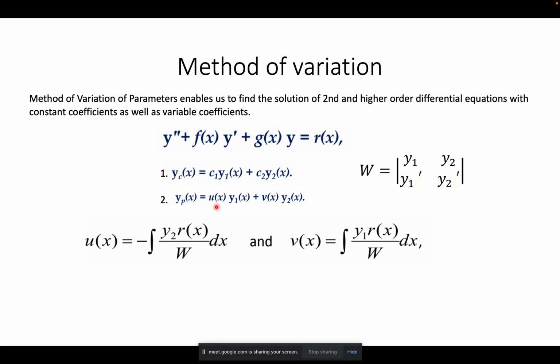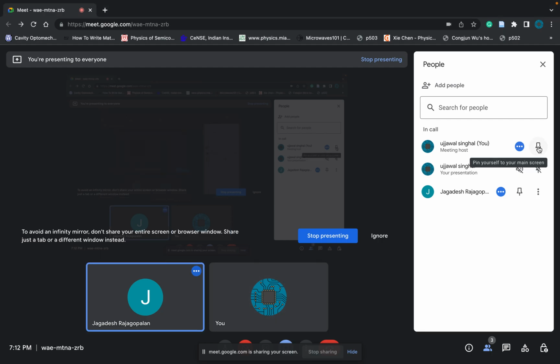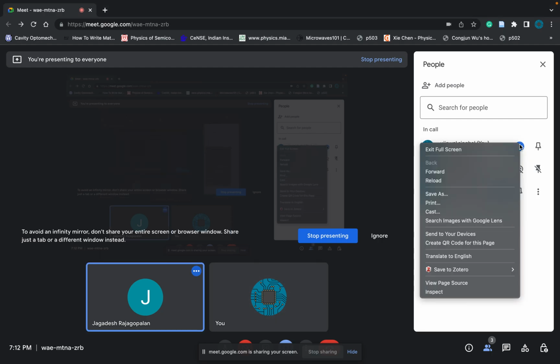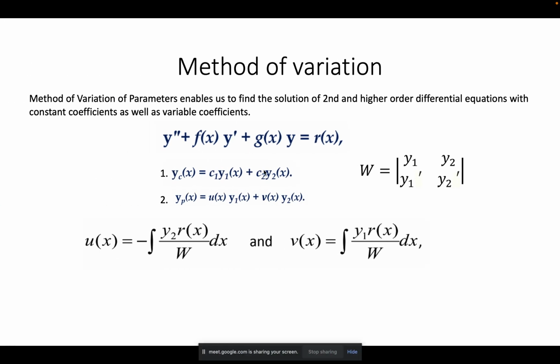In order to calculate u(x) and v(x), you can calculate u(x) by using this formula, where u(x) can be written as minus the integral of y2 times r(x), where r(x) is the right hand side, upon W, where W is the Wronskian, times dx.